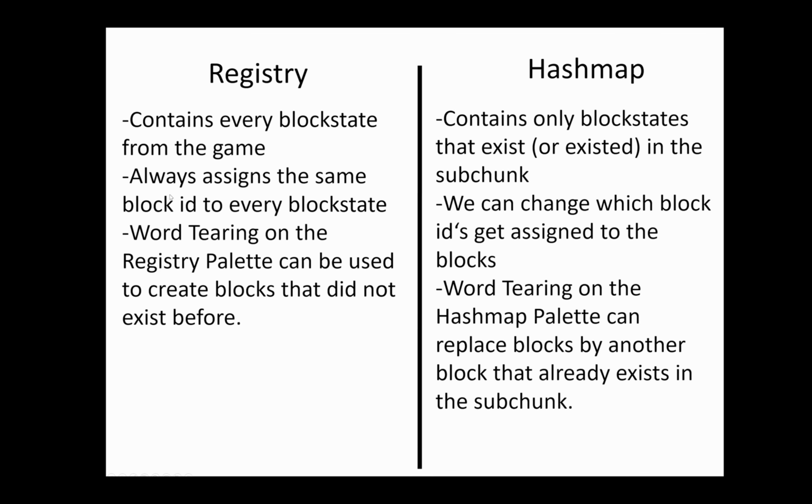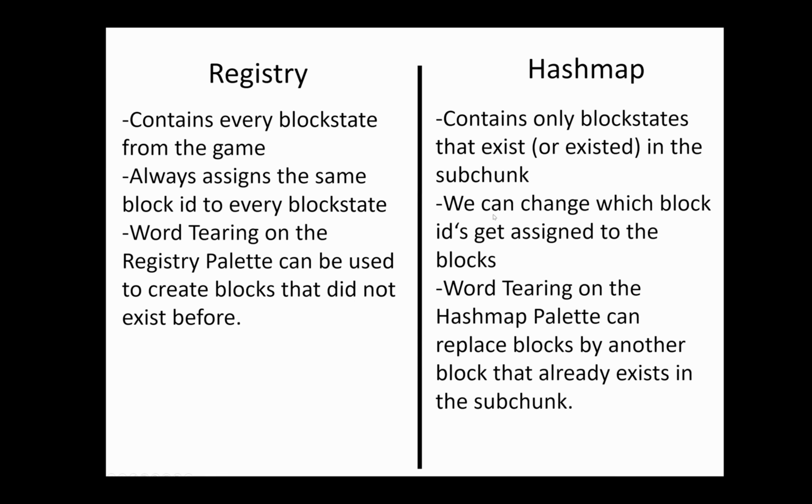And this is actually very interesting, because if we use word tearing in the registry palette, we can generate a list of bits that corresponds to any block ID in the game. So we can essentially make any block ID appear, and that's why we can get command blocks only using the registry palette. And the Hashmap palette is very different, because it only contains block states that exist or have existed in the past in the subchunk.